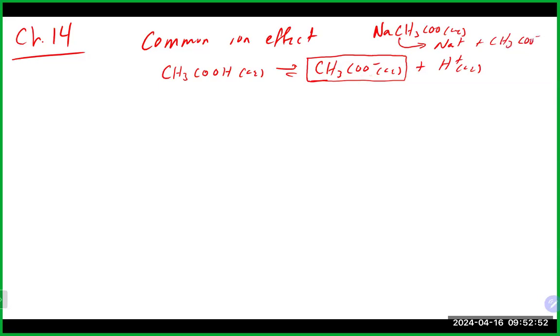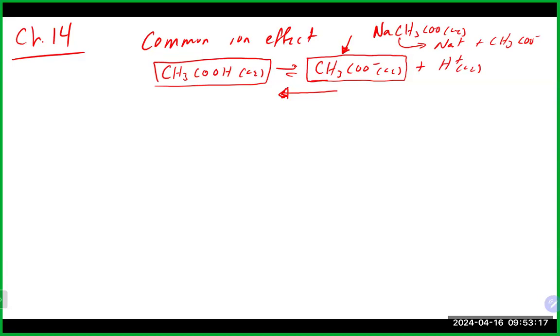And that'll be essentially like adding more of the acetate to this equilibrium that's set up by the weak acid. Le Chatelier's principle is going to have it shift away from that side. What it will essentially do is keep the weak acid or the weak base from dissociating completely like it would normally do without the presence of that common ion.